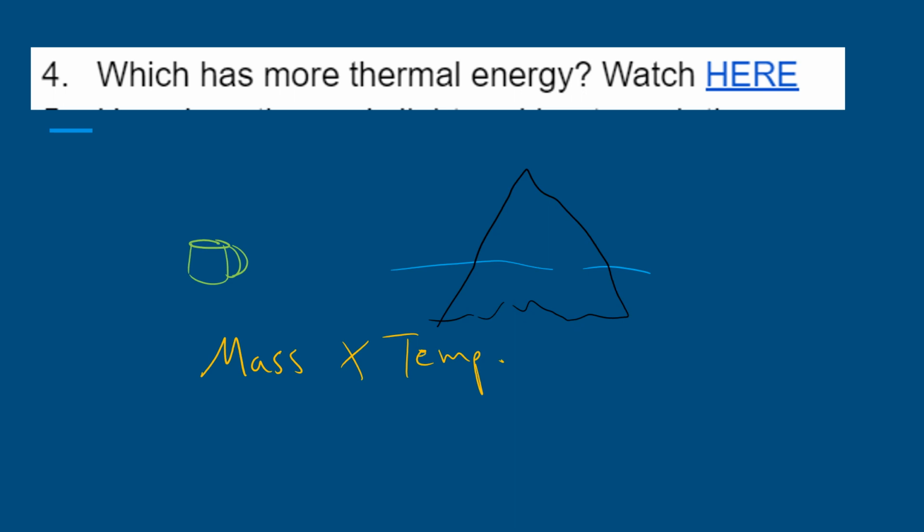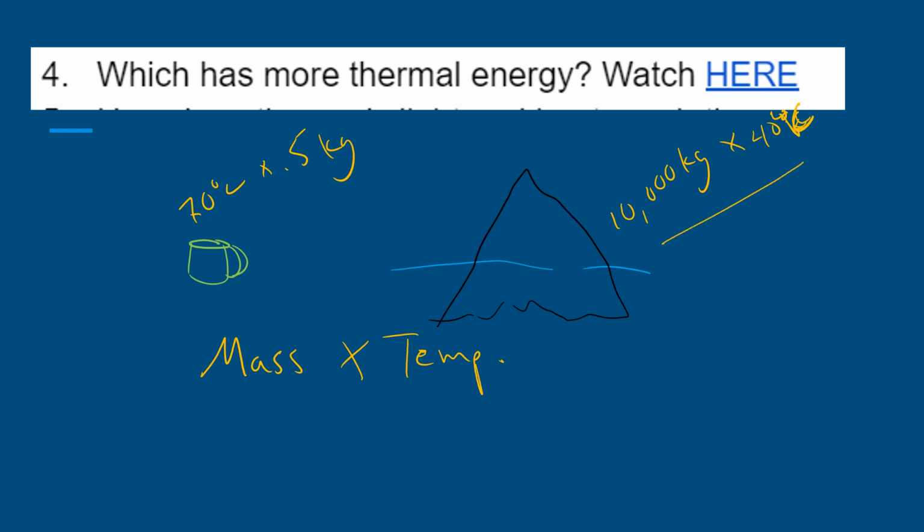So let's say the coffee cup was 7 degrees Celsius and it had a half kilogram, whereas the iceberg was like 10,000 kilograms and its temperature was, we'll say, 40 degrees Celsius. So that's just above freezing. So the iceberg is not quite melting yet, but it's getting close to it.